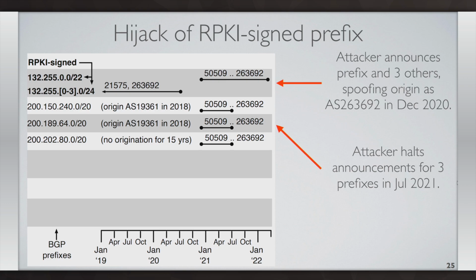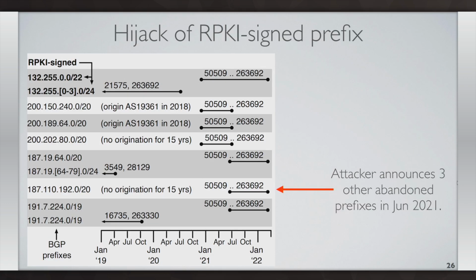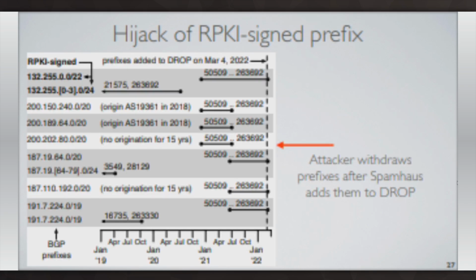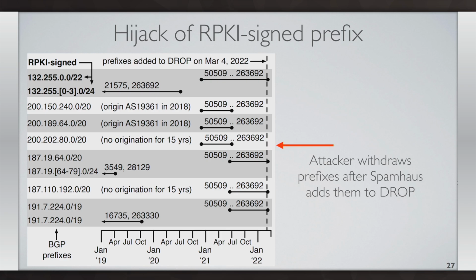For 3 of these prefixes, it stopped in July of 2021 and replaced them with 3 other prefixes. And in each of these cases, the attacker only stopped when Spamhaus added them to the DROP list. So it was only when Spamhaus added them to the DROP list that the attacker withdrew their announcements.